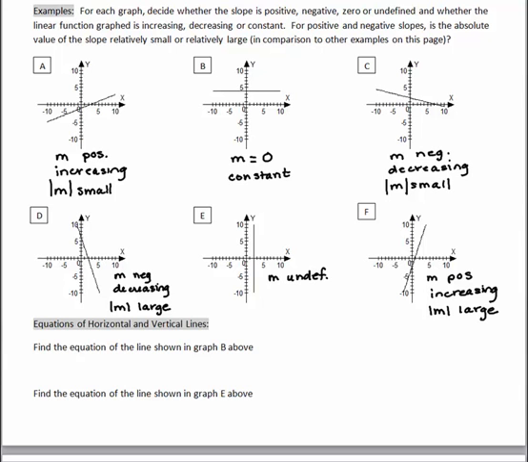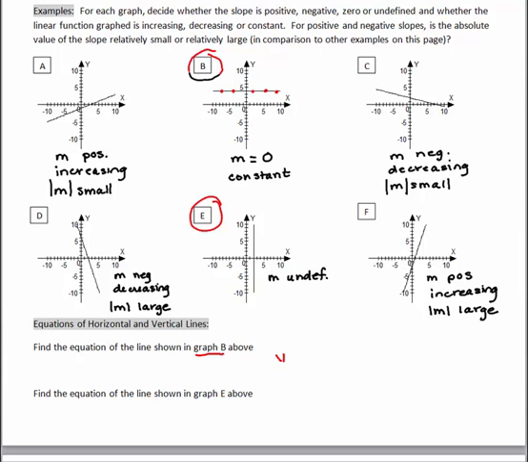I want to spend just another couple of minutes on the two special cases, the horizontal lines and the vertical line. It's possible to find equations of those fairly easily because in each case, one of the variables never changes. If I look at graph B, every single point on that line has the same y value. Every y value is 3, or no, 4 actually.